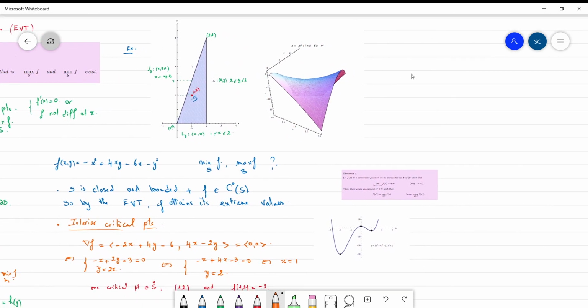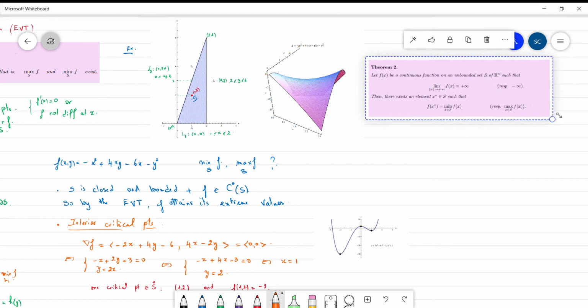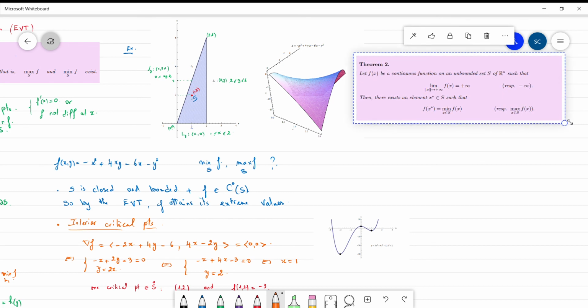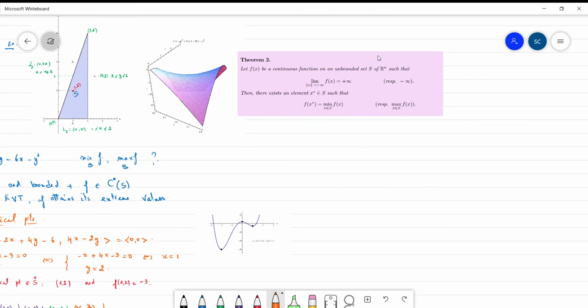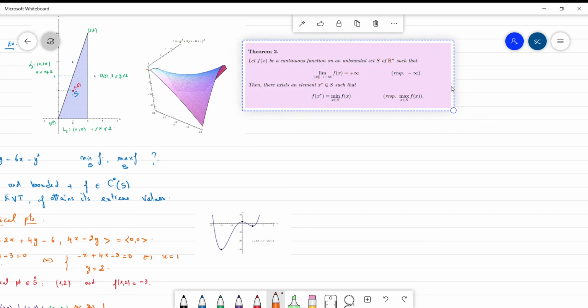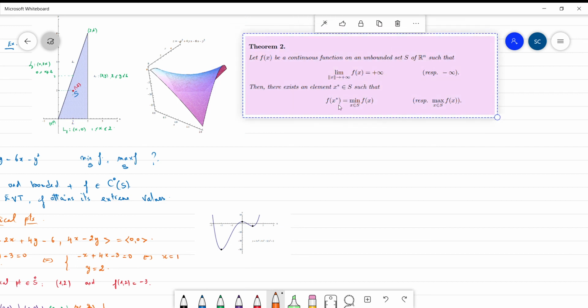Okay, there is another theorem that is also an extreme value theorem, but this time not on bounded sets, it's on unbounded sets. We need also just continuity of our function. The theorem says: f continuous on the unbounded set Rn, and we need the behavior of f at infinity.